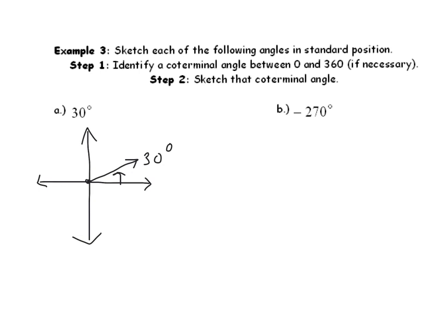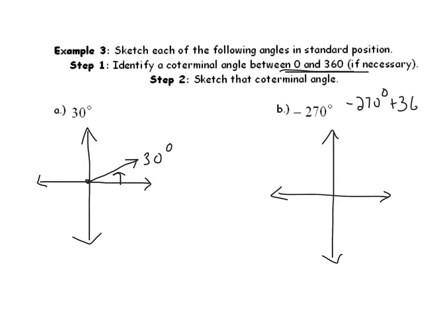However, with part B, that's not one we memorized. So I'm going to do a little bit of scratch work first. All I'm going to do is identify a coterminal angle that is between 0 and 360. So I'm going to take negative 270, add 360 onto it, and what I get there is 90 degrees.